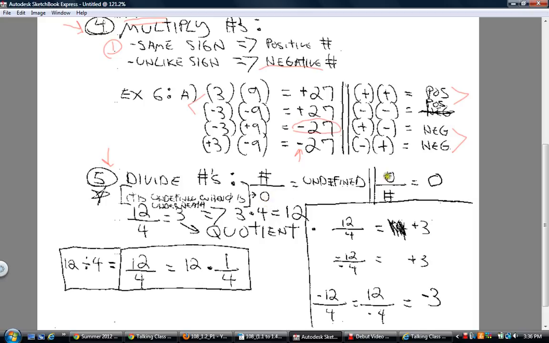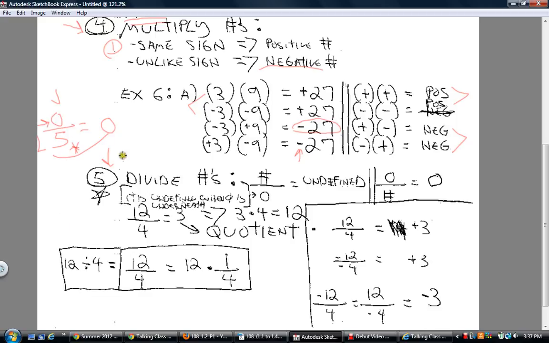However, if 0 is on top of the line, 0 divided by any number results in 0. One way to prove it to yourself: take 0 divided by 5, and when the 0 is above the line, the answer is 0. One way to check is to multiply the quotient by the divisor to get the dividend. 0 times 5 does result in the numerator of 0, and that checks out.